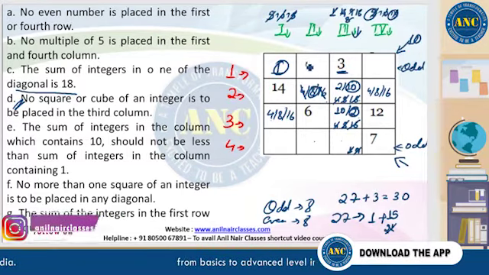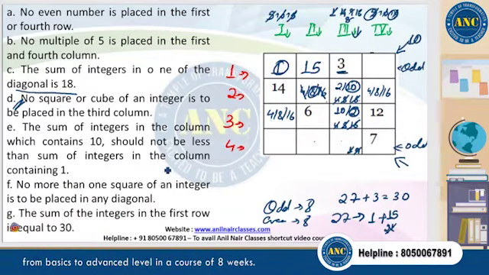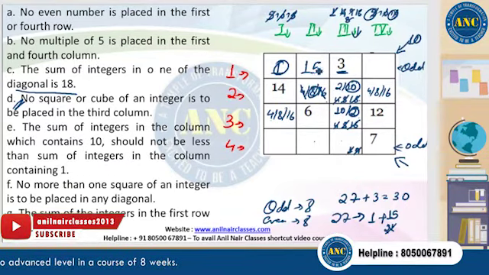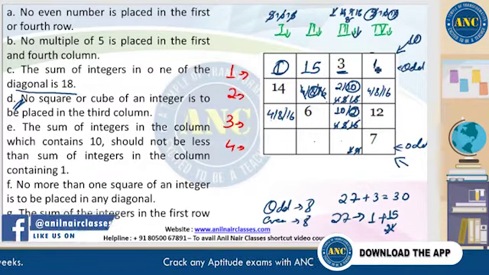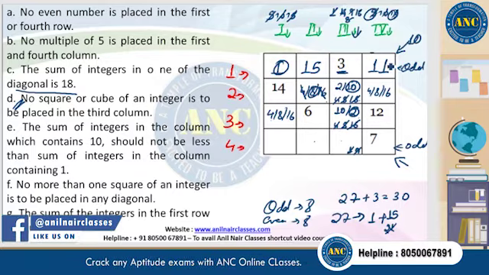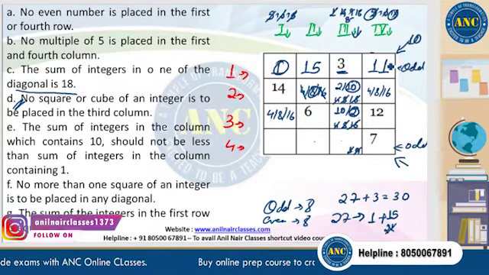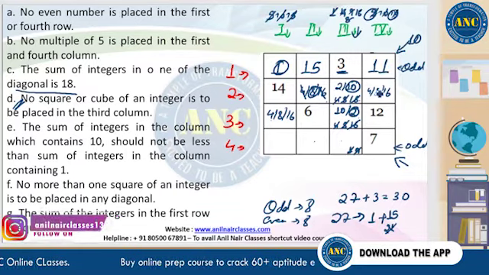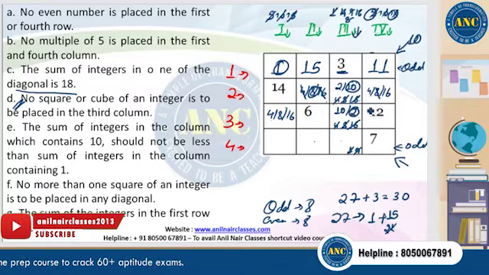If that is true, this number has to be 15. We already know 15 plus 3 makes a total of 19, so this number should become 11. I think that's neat. We get 11 there, filling up this particular case.